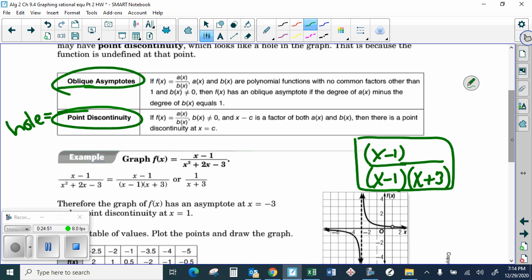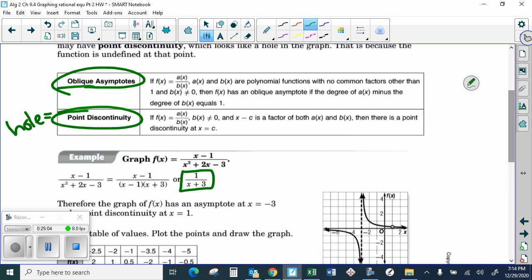Notice that's exactly what it came out to be right here when they cancel the factors. Remember that? That is 1 over x plus 3. So that's how I can go backwards and actually come up with the equation, as I just showed you.